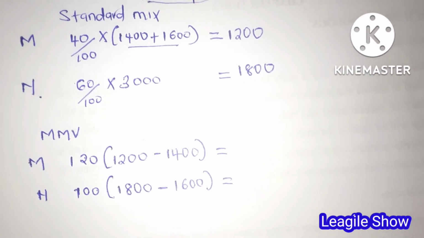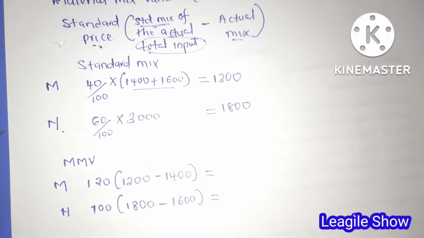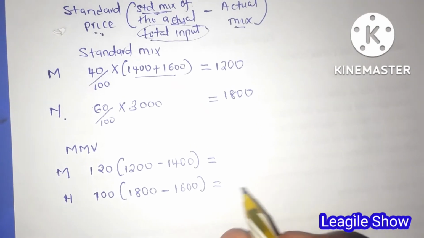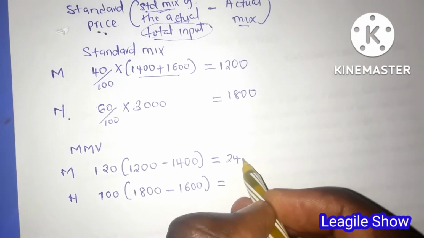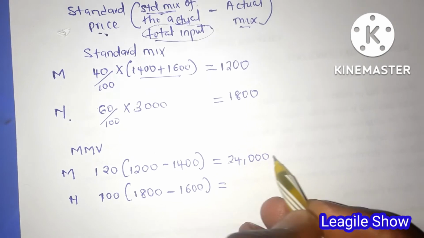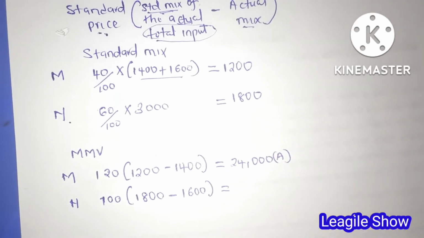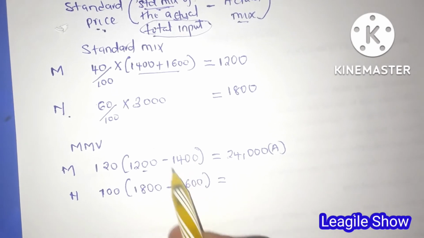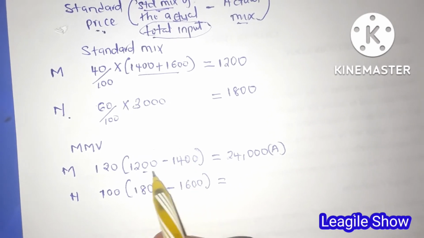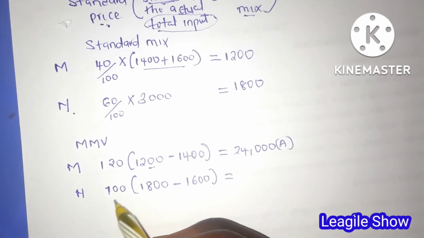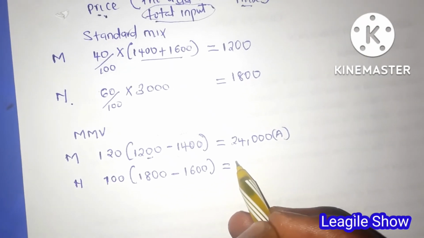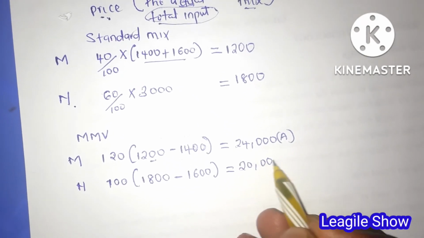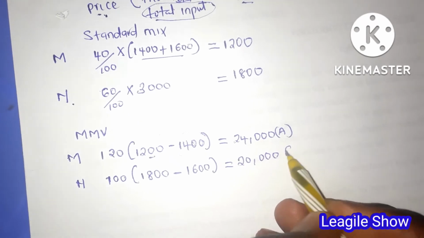By feeding this into your calculator, M will be 24,000 adverse. If you remember, the actual kgs used is exceeding our standard value here. Then for N, this one will be 20,000, which is favorable.